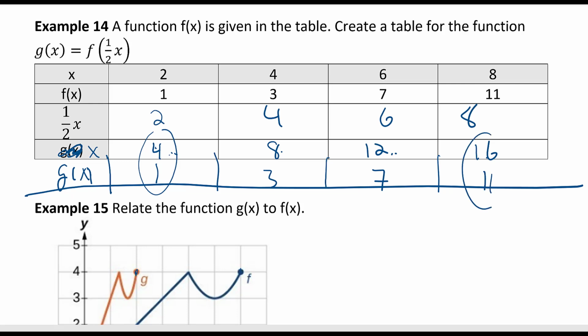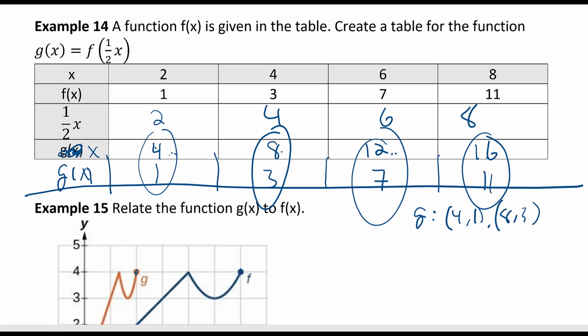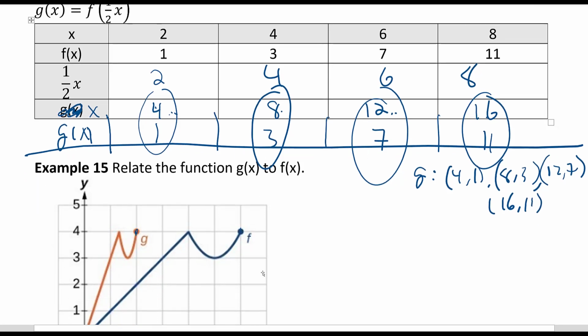There we go. Confusing myself. So these are the ordered pairs for g: 4, 1, 8, 3, 12, 7, and 16, 11. Okay. Hope that is a little clear.